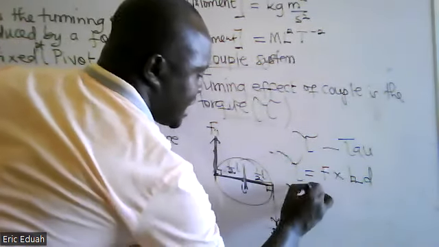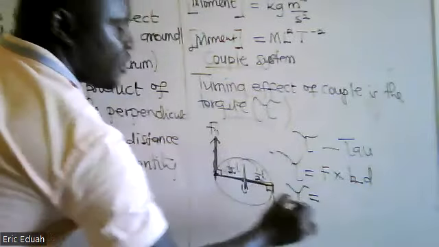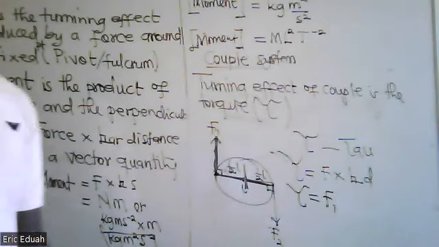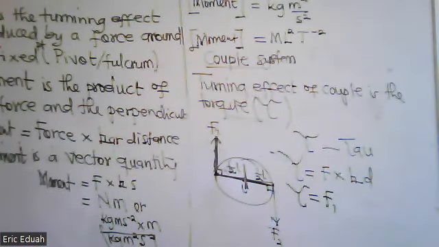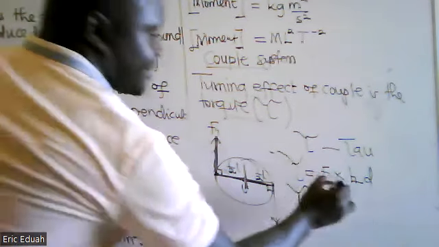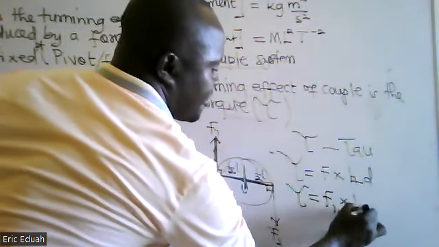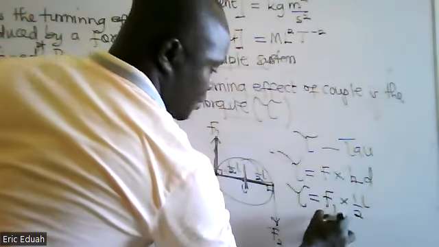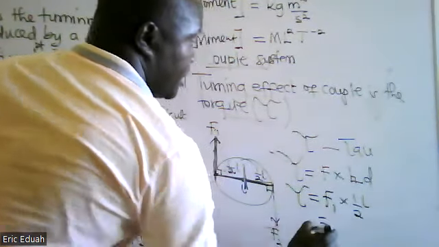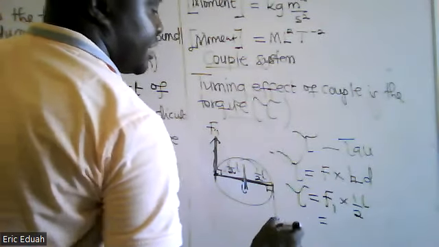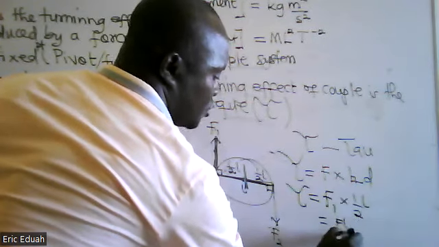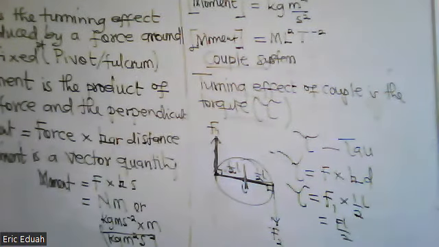Then the turning effect is equal to the force, which is any one of them, because F1 is equal to F2. So F1 times half of the length would be the torque, or the turning effect of the couple. So FL on 2 will be equal to it.